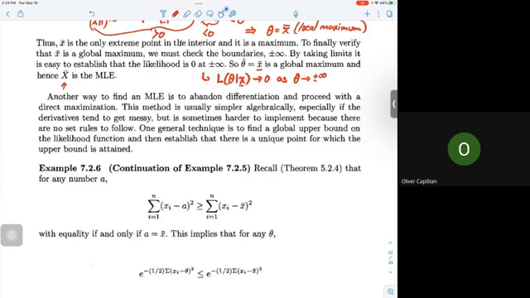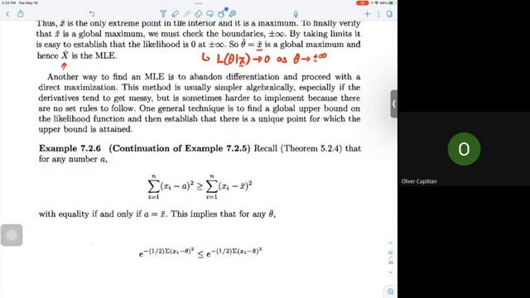One general technique is to find a global upper bound on the likelihood function and then establish that there is a unique point for which the upper bound is attained.